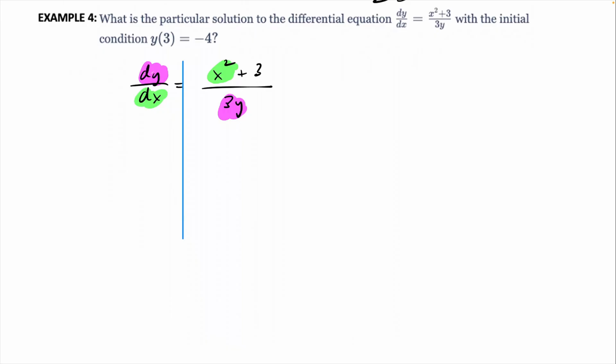Any constants, any numbers without letters, leave them on the right side with X's. Okay, so dx. We did this before. How do I get dx to the other side? Multiply both sides by dx. So I get dy equals x squared plus 3 over 3y times dx.